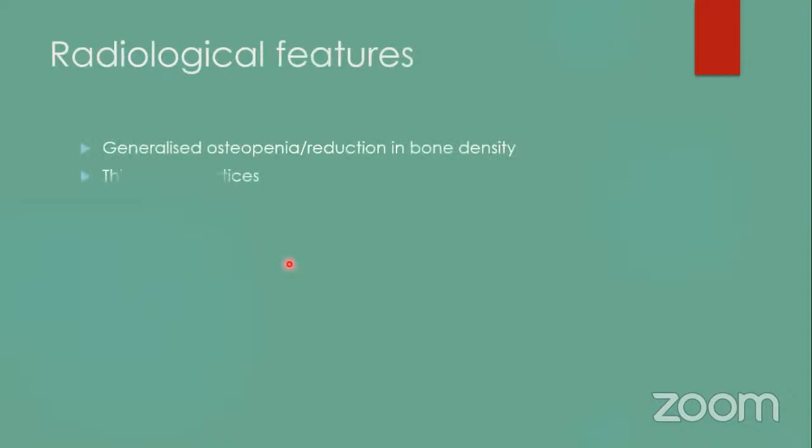So we are interested in the radiological features. You have generalized osteopenia or reduction in the bone density. Then you can have thinning of cortices, as we have seen before, or the accentuation of primary trabeculae. The primary trabeculae become prominent because you lose the secondary trabecular bone.